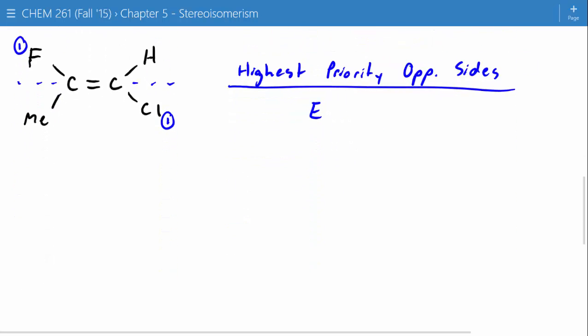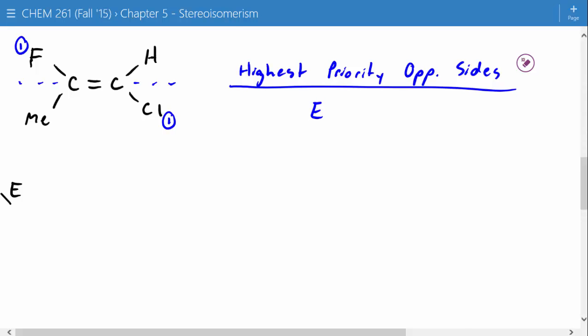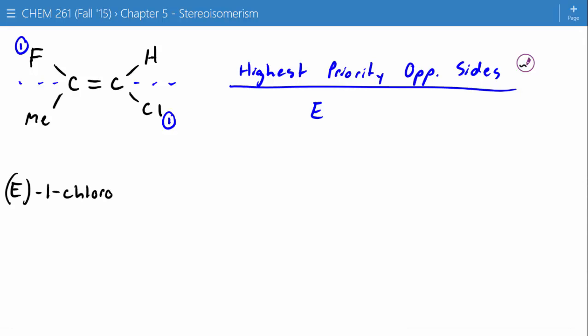So let's actually do this bottom one and let's try to name it, just for fun. All right, what's the longest chain? 3, right? The methyl group's got a carbon coming off of it. So this would be E-1-chloro-2-fluoroprop, right?